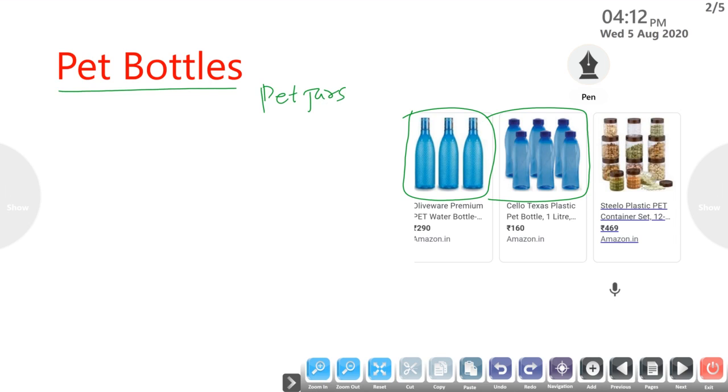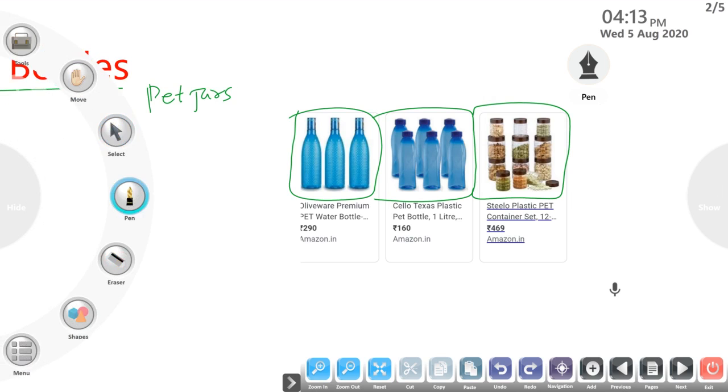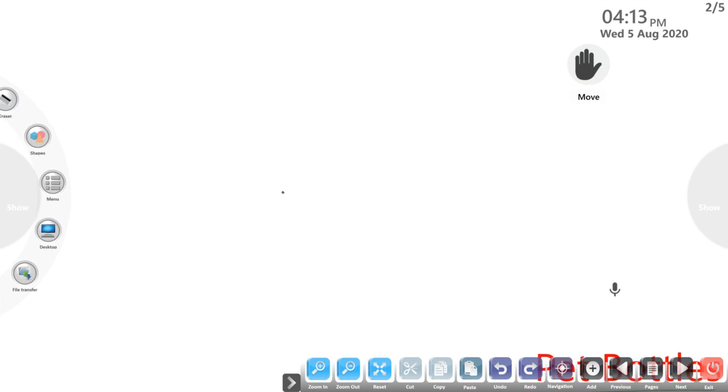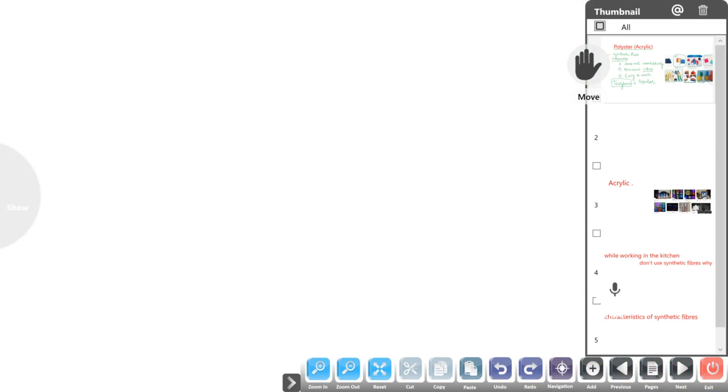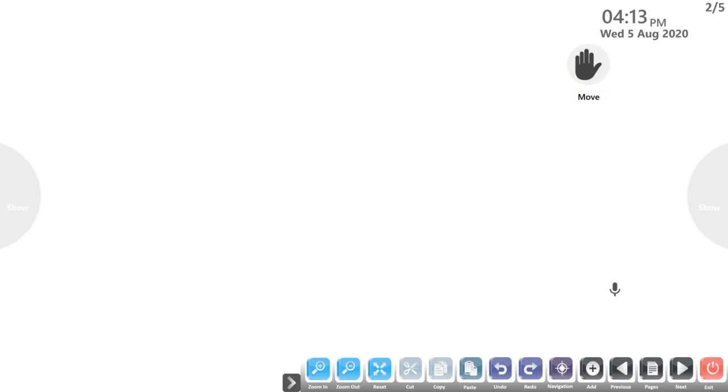It is an interesting thing. Your mother will also use similar bottles, that is PET bottles, for storage purposes.